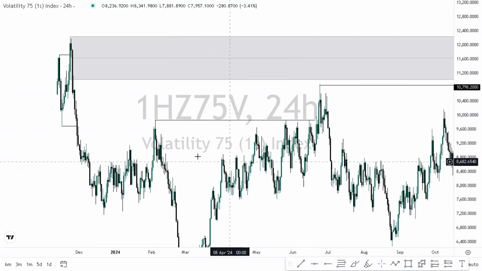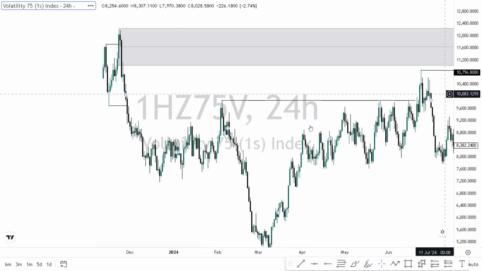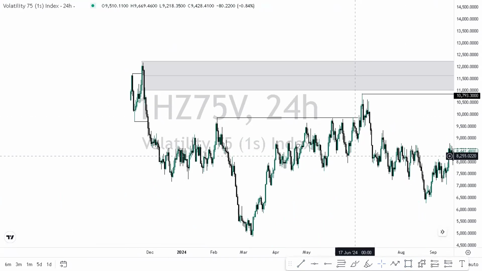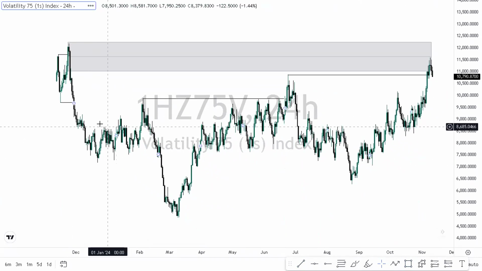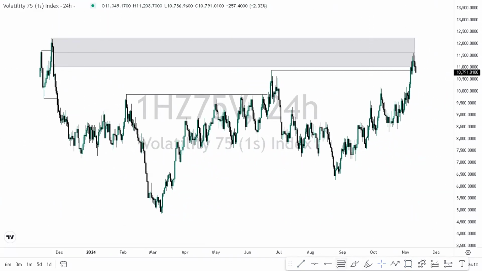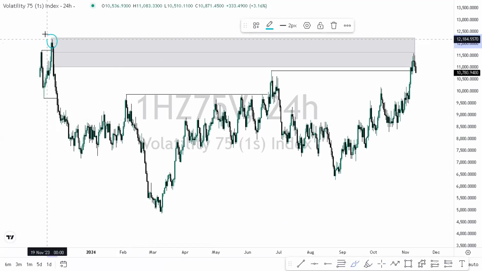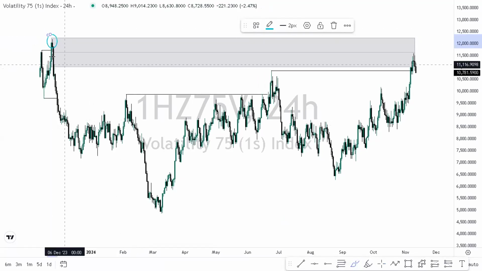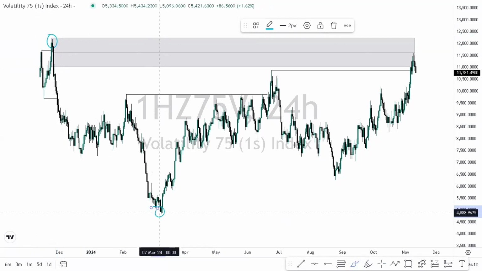Now, if the market truly is bearish based on this data, because this data specifically is indicating that we are still very much bearish, the only place I will confirm that the market is extremely bullish is when we take this high, because this is a high, this is a low, right?